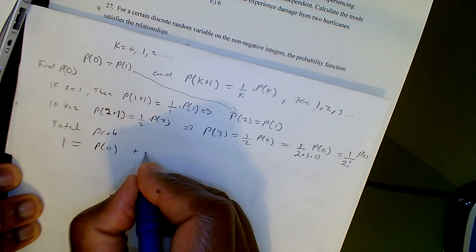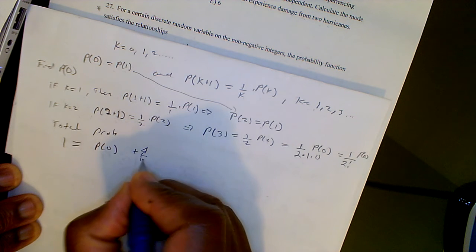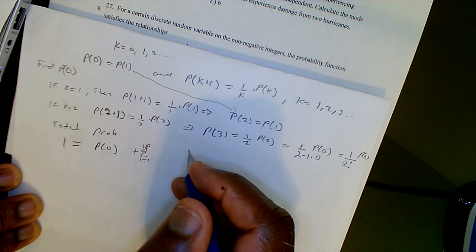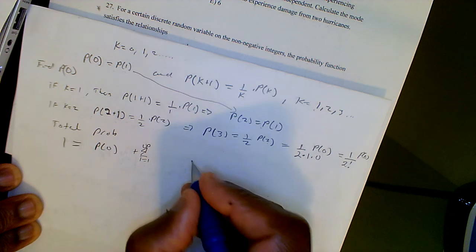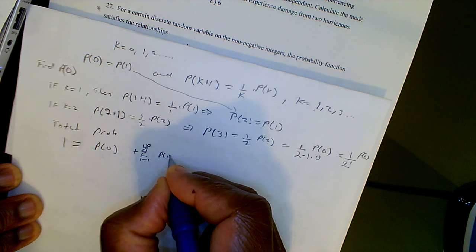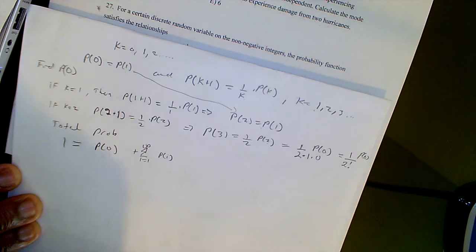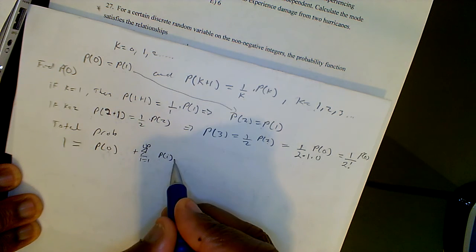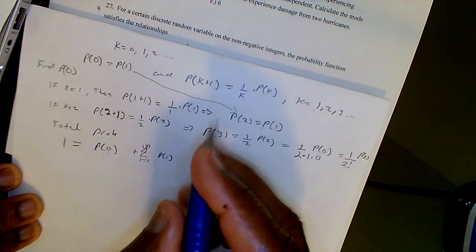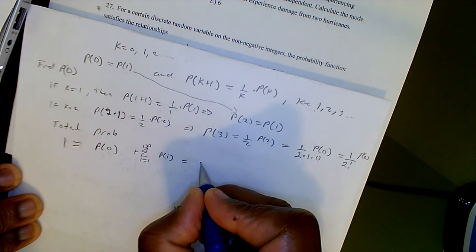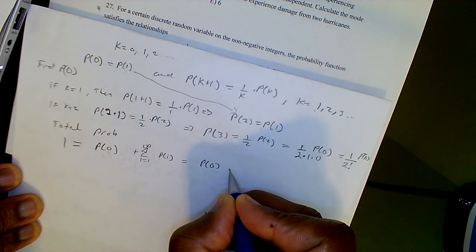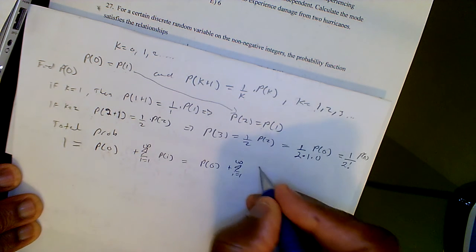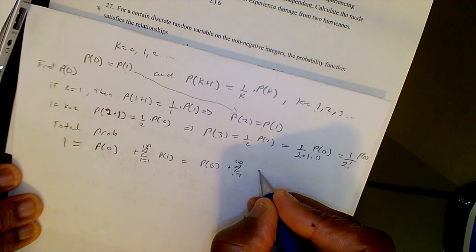So then we know that this is equal to, as this is 0, this is 1, and it's going to continue to be such a thing.